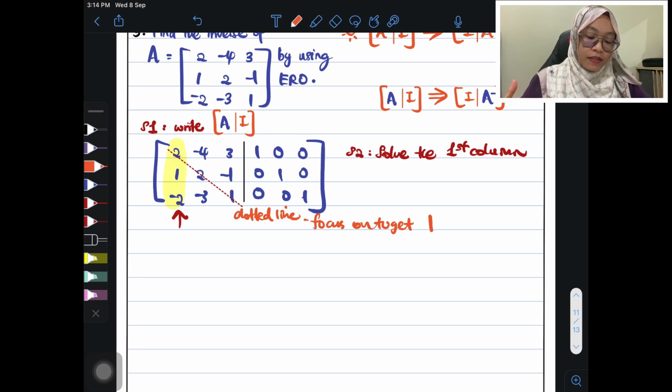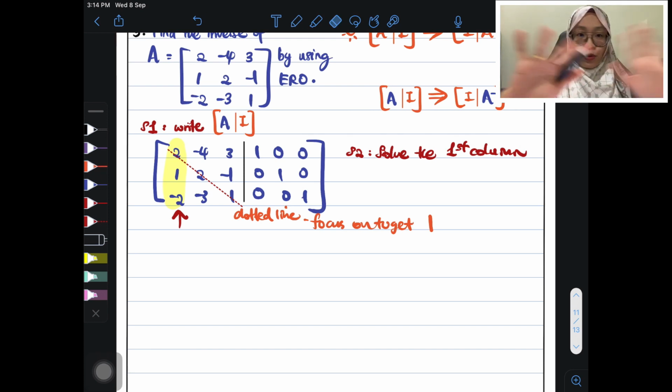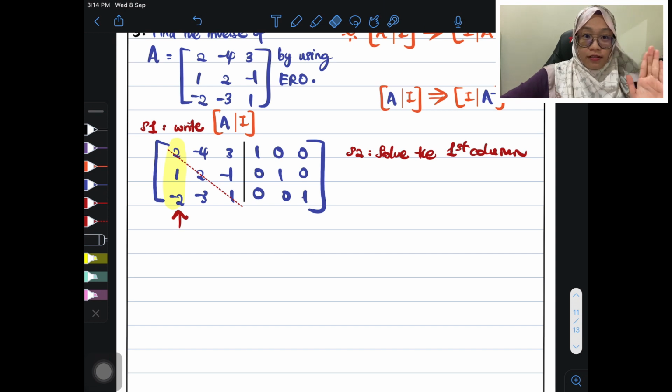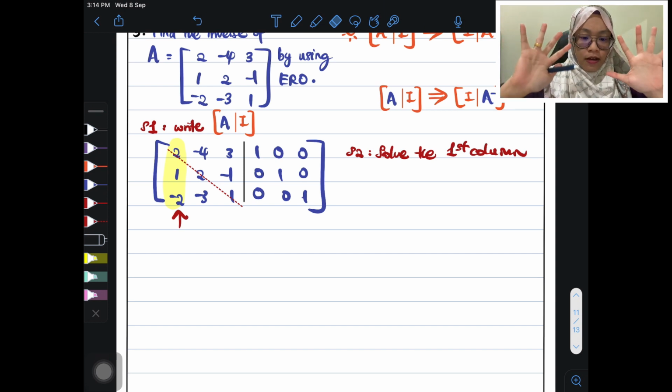Tapi sekarang ni of course lah, you tak nak lagu pugapah dan letak je satu macam tu. No, there are methods on doing it. So this dotted line will help you focus. Itu je. That's all I can say.